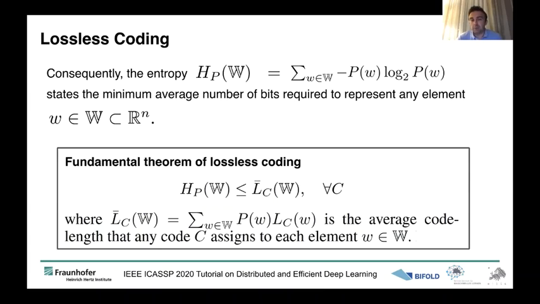The fundamental theorem of lossless coding tells you that for any lossless code you design, the average code length will be larger or equal to this entropy term. So it cannot be below this entropy term, which I think many of you know. This is a standard result from Shannon's information theory.